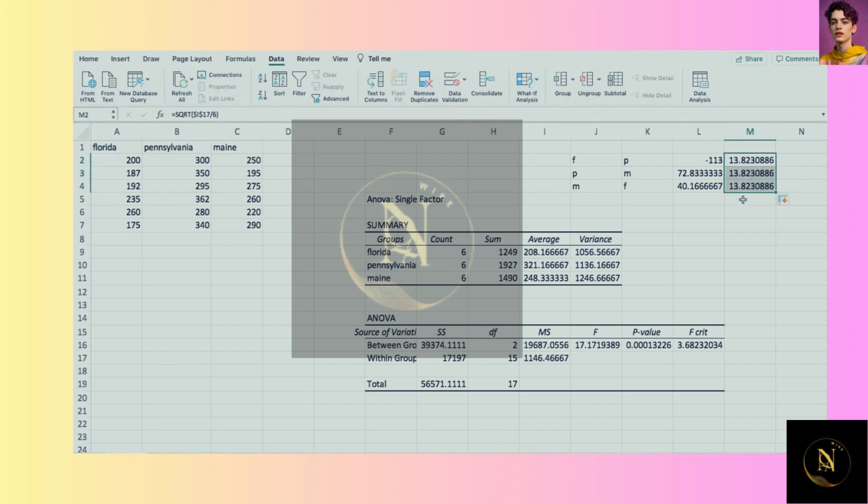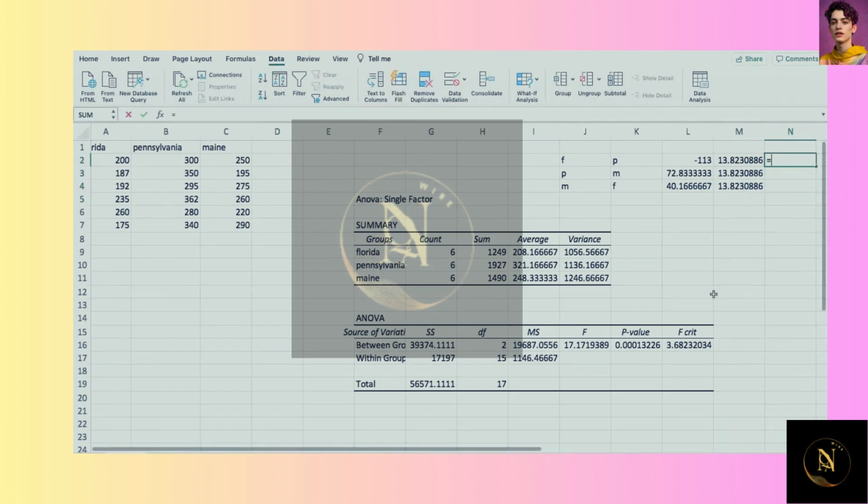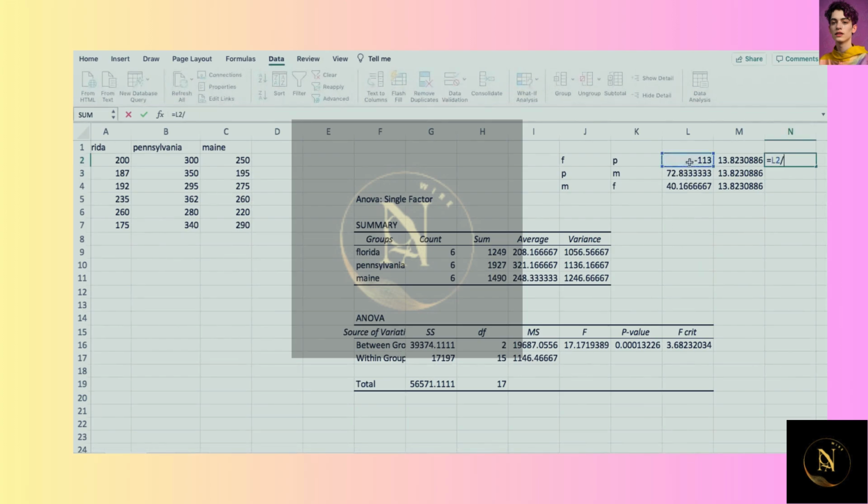Okay, so this is our denominator and this is our numerator. So to get our final value, we're just going to go ahead and do that final calculation.